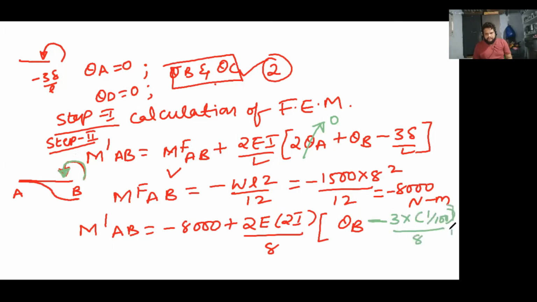Divided by the length, which is 8. If you rewrite this equation, it becomes minus 8000 plus 2 twos are 4, 4EI by 8 is 1 by 2.